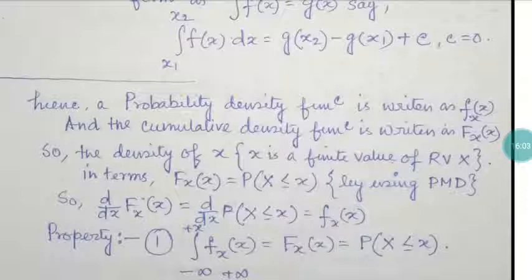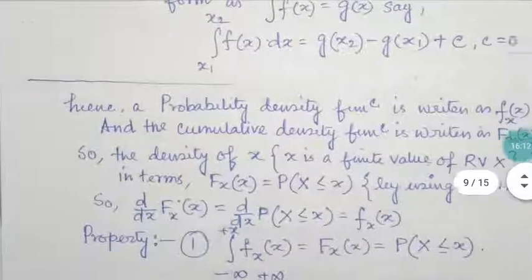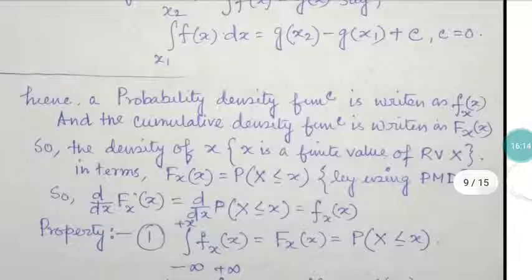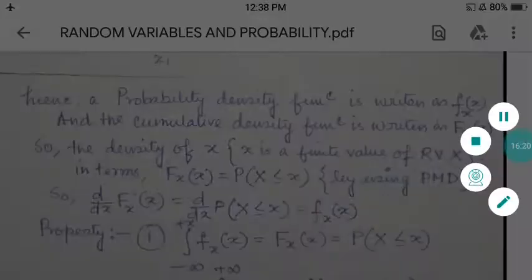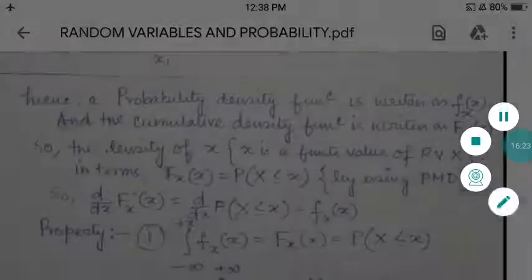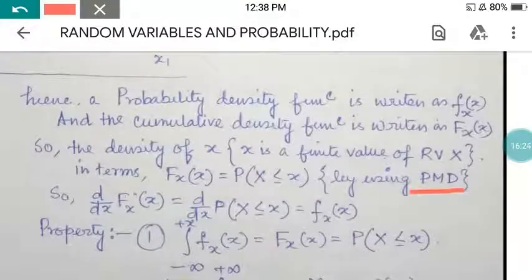The distribution function of x, over a finite range of the random variable X, can be written as P of capital X less than or equal to small x. This is called the probability mass distribution function, the cumulative distribution function. So this is not density, it is distribution.